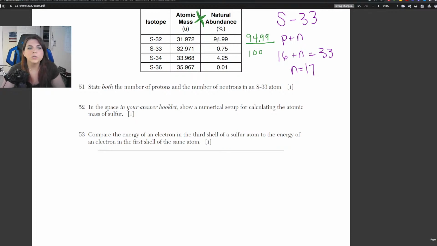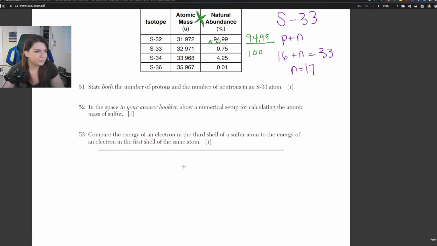So you cannot just put 94.99 in an equation, because that's not truly what the number is. So there's two methods here. It depends on if you're math brained or not. The first method is to move the decimal to the left 2 places to turn your percent into a decimal, which a lot of kids like to do. The other option is to just, at the end, divide the entire thing by 100, which would come out to be the same.